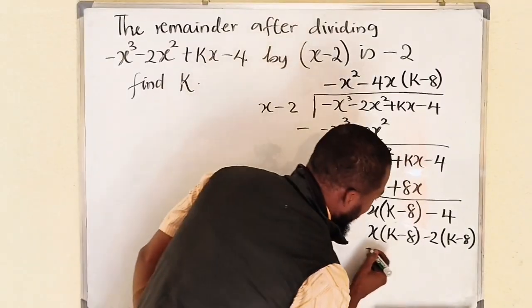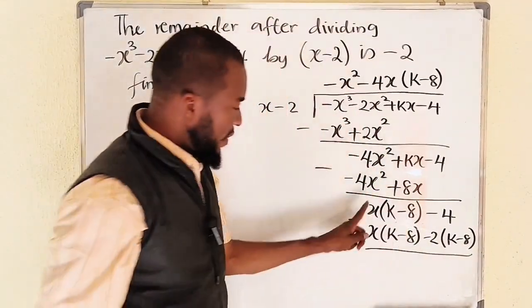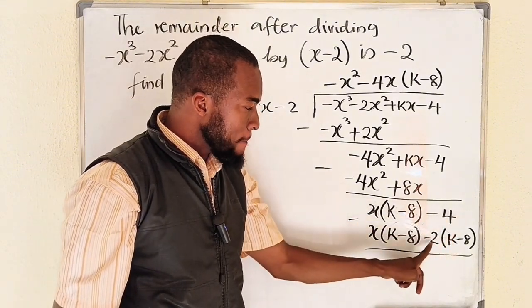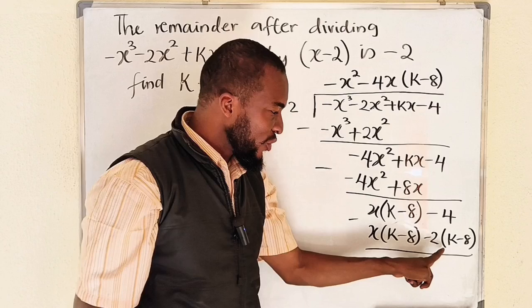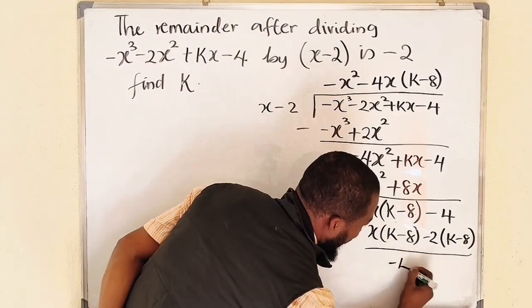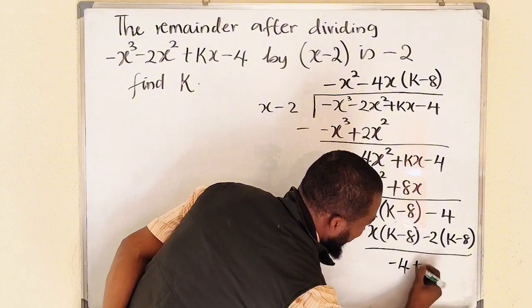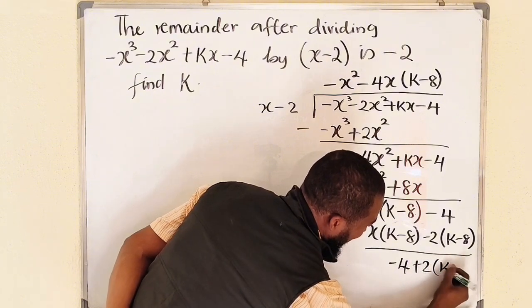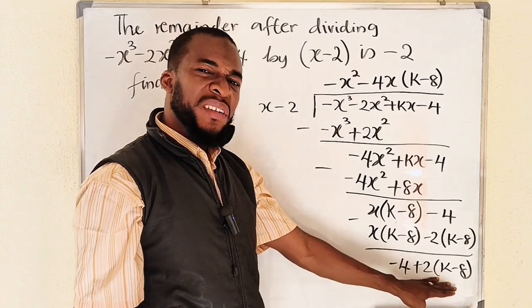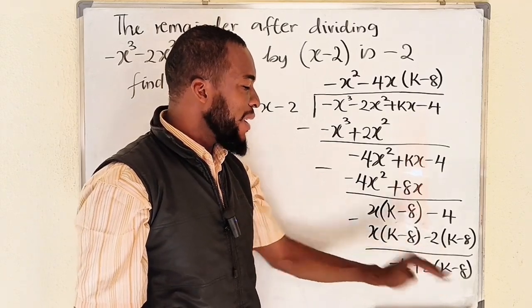So you subtract again. This minus this is 0. You move to the next. This is negative 4 minus negative 2 times k minus 8. So it becomes negative 4 plus 2 times k minus 8. You can see the last term does not contain x, so this is our remainder.